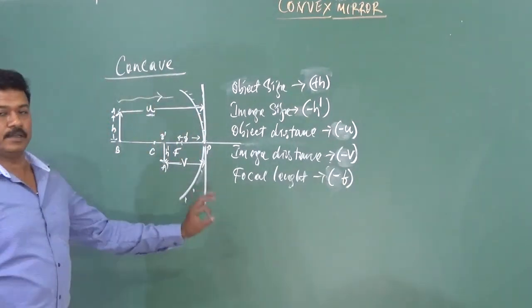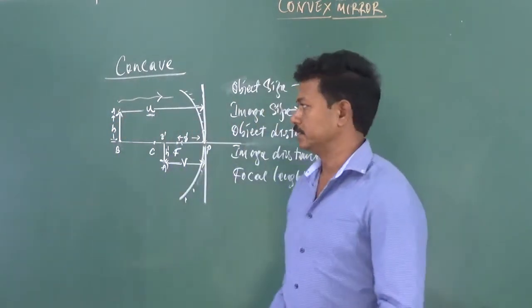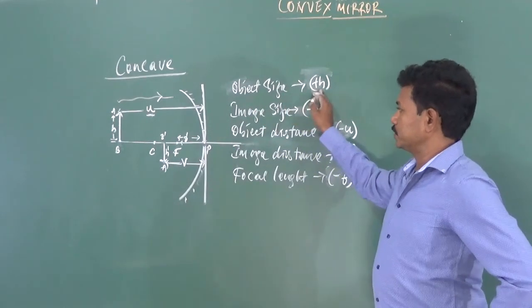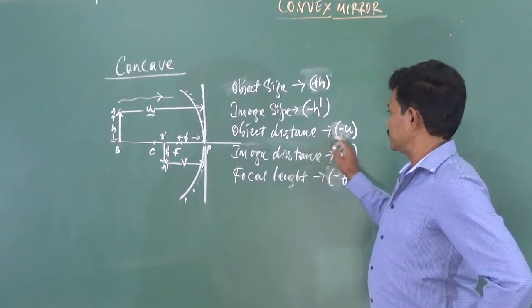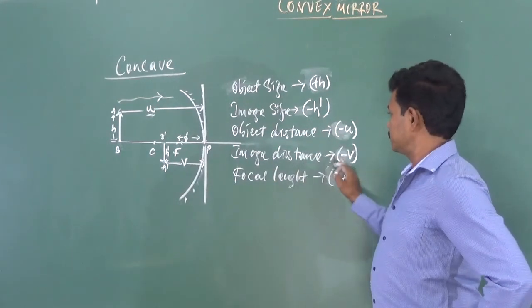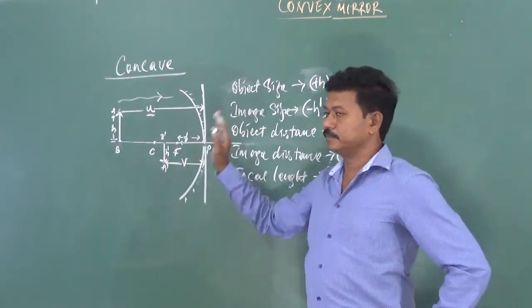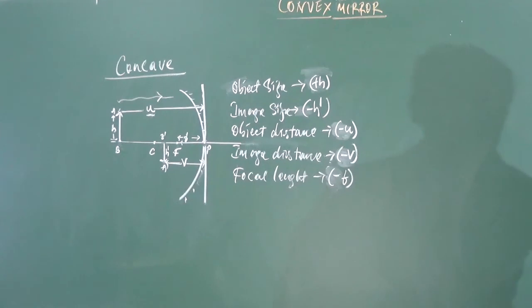These are very important things you have to remember. In case of a concave mirror, object size is positive, image size is negative, object distance is negative, image distance is negative, and focal length is negative. Now let us go with convex mirrors.